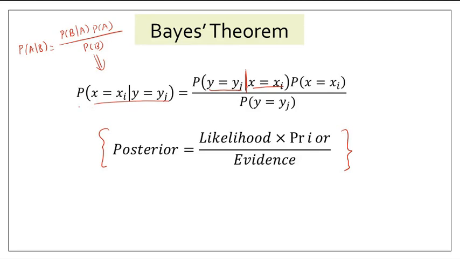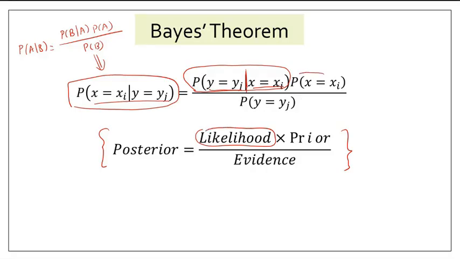So the left hand side probability is called the posterior. This probability is called the likelihood. This is called the prior, and the denominator is called the evidence.